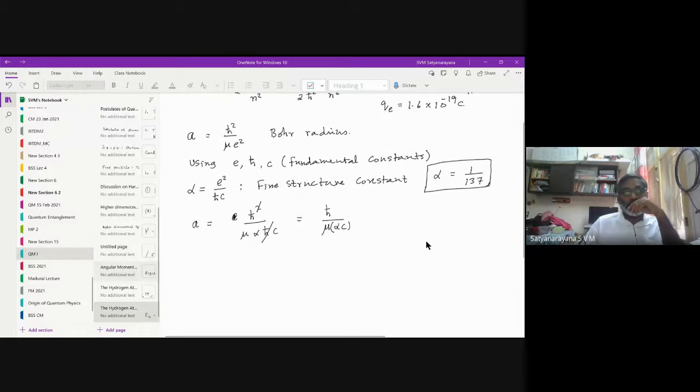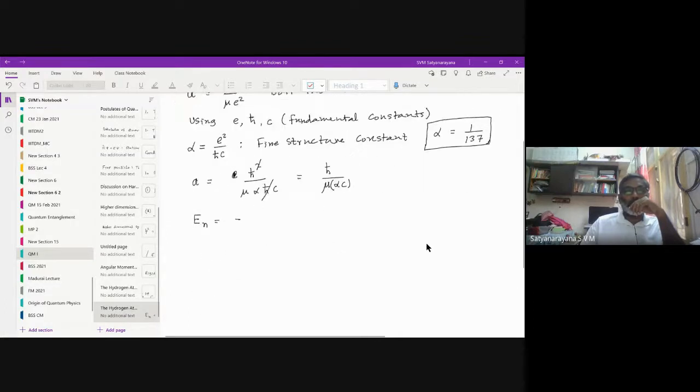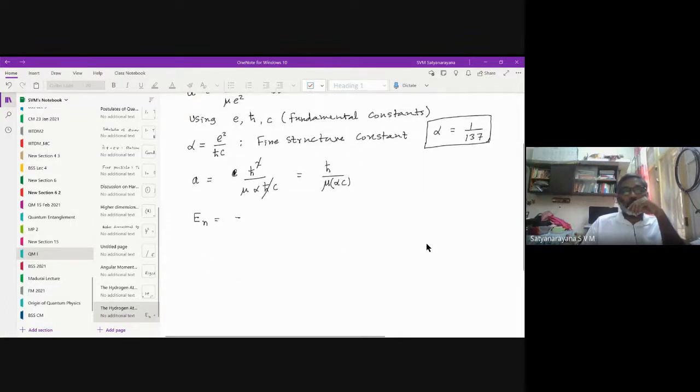So let us recast energy. So En is equal to minus mu by 2 h bar square into 1 by n square into e to the power 4, which I will write as alpha square h bar square c square.